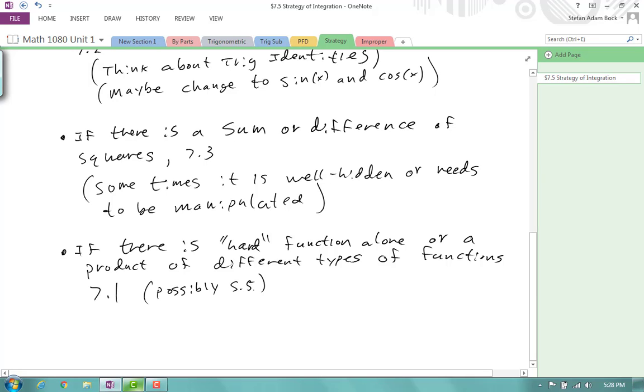These could be your last case attempts at trying to do the integral, although a lot of times you're looking for a u substitution to do first before you try to look for some specific techniques.